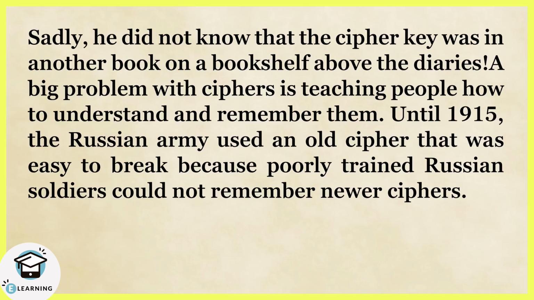A big problem with ciphers is teaching people how to understand and remember them. Until 1915, the Russian army used an old cipher that was easy to break because poorly trained Russian soldiers could not remember newer ciphers.